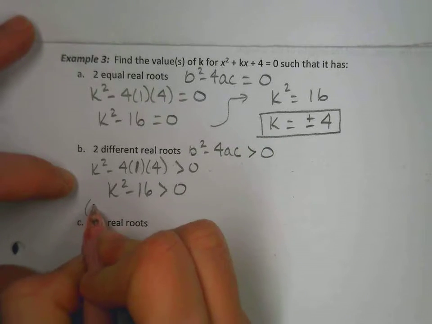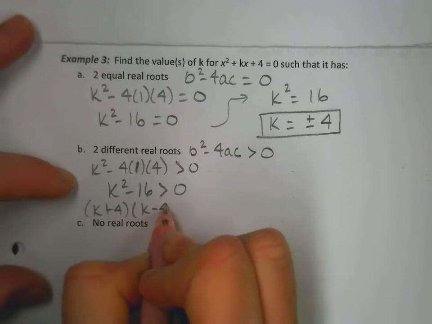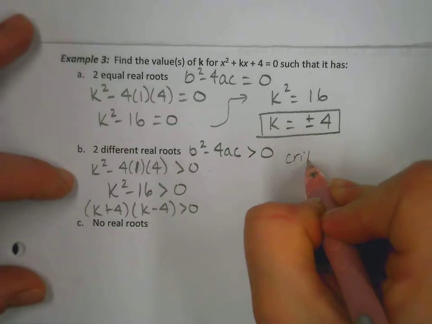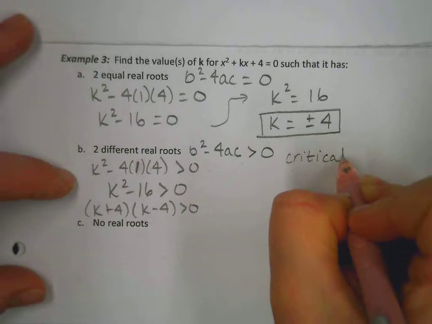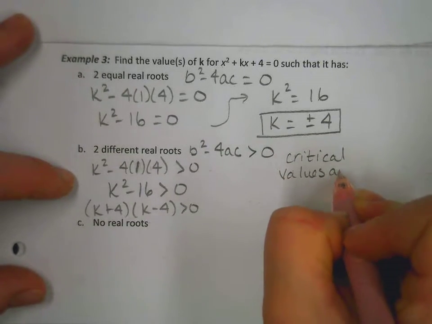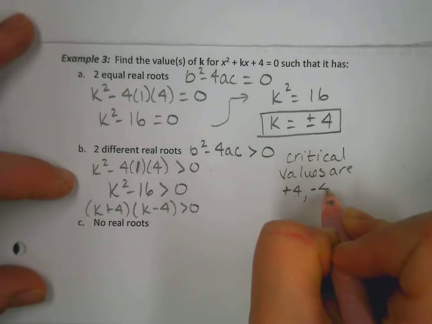So I'm going to factor this. What we call these x-intercepts, we call these critical numbers. So our critical values are a positive 4 and a negative 4.